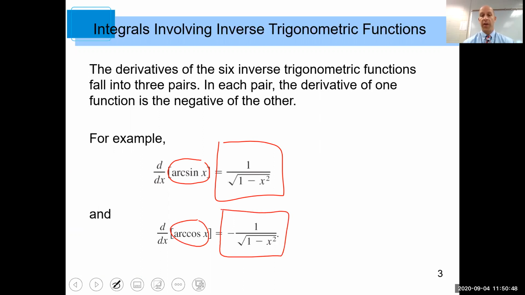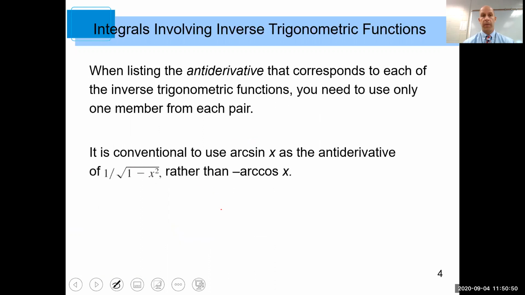So it's the same result, but it's just negative. So when listing the antiderivatives that correspond with each of these inverse trig functions, you really only need to remember one, and then the other one will just be the negative of it. It is conventional to use arcsine as the antiderivative of 1 over the square root of 1 minus x squared rather than negative arc cosine x.